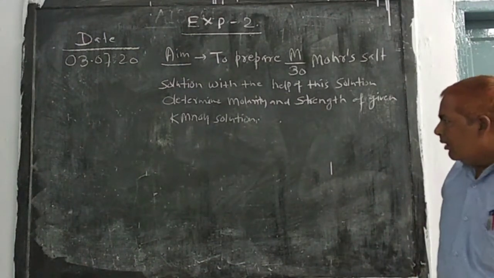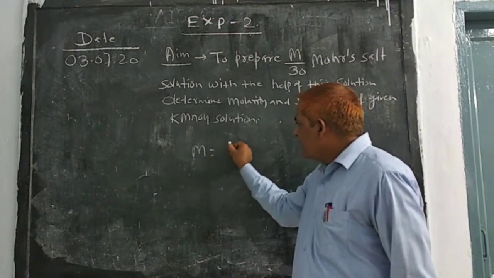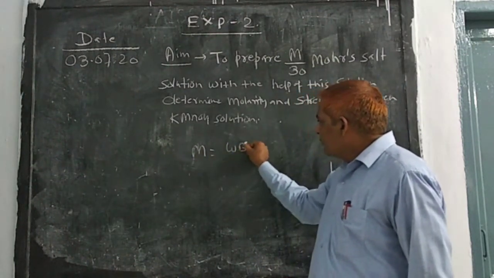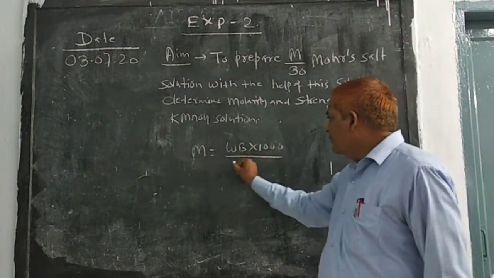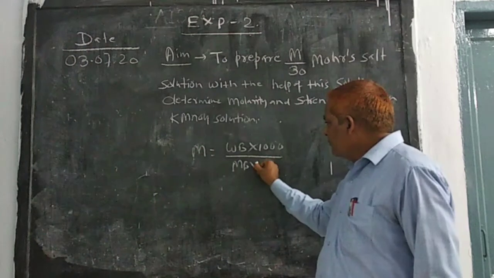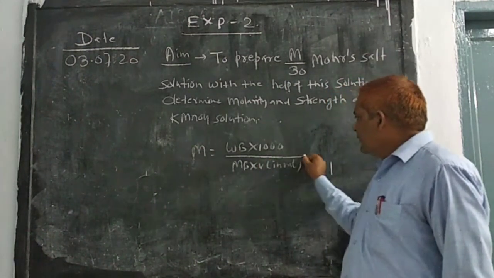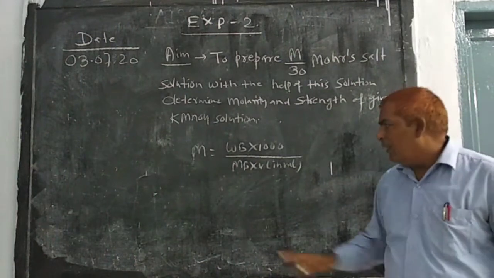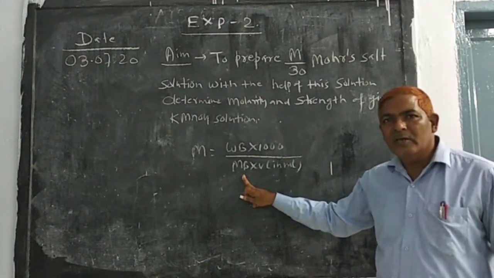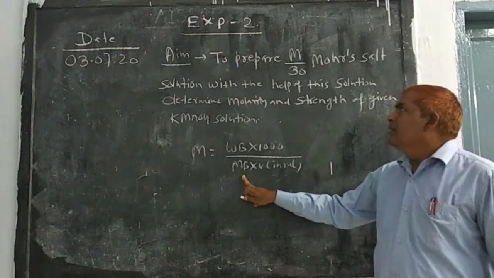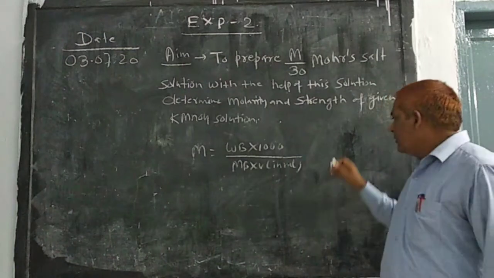Molarity formula, everyone knows: M = Wb × 1000 / (Mb × V in ml), where Mb indicates the molar mass of Mohr salt. In the last experiment we calculated the molar mass of Mohr salt as 392 gram per mole.